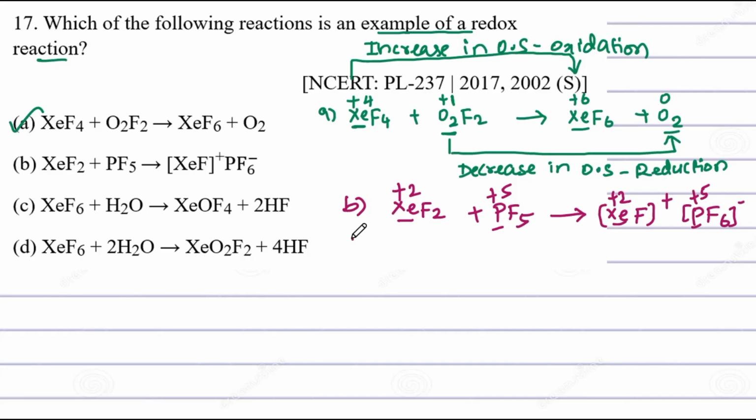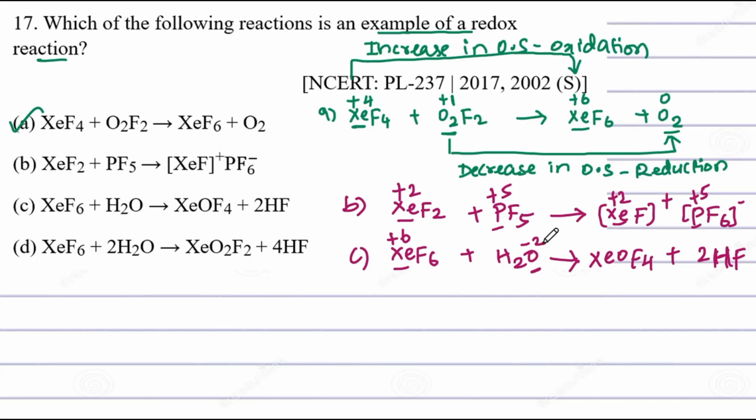Then going to the next option, XeF6 plus H2O gives XeOF4 plus 2HF. In XeF6, the xenon oxidation state is +6. In H2O, the oxidation state of oxygen is -2.